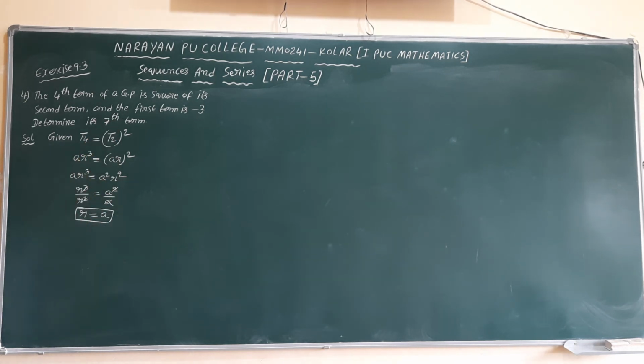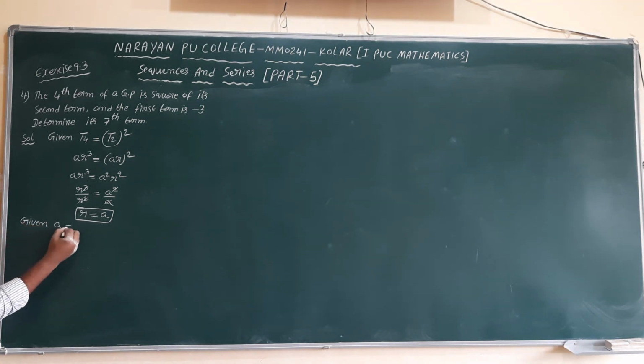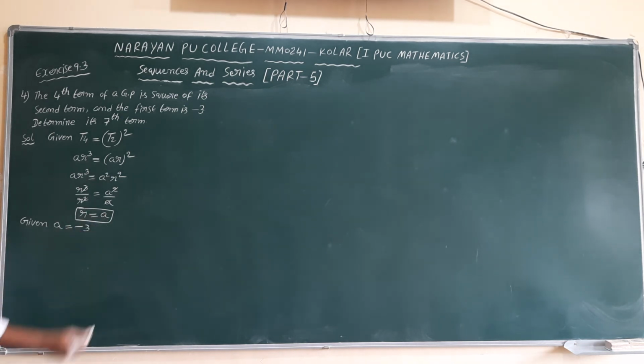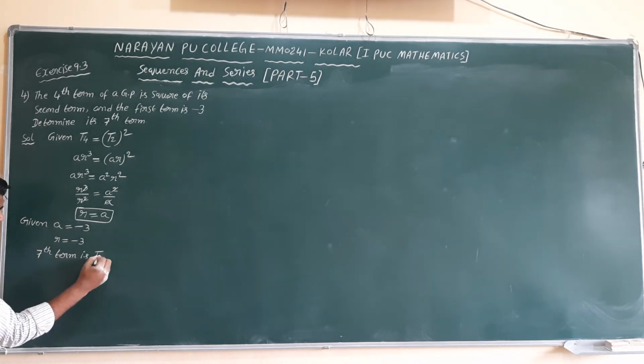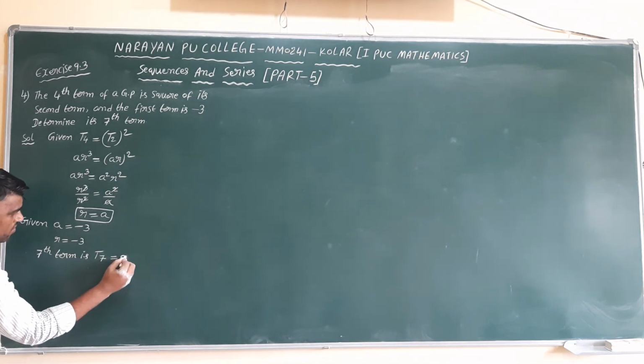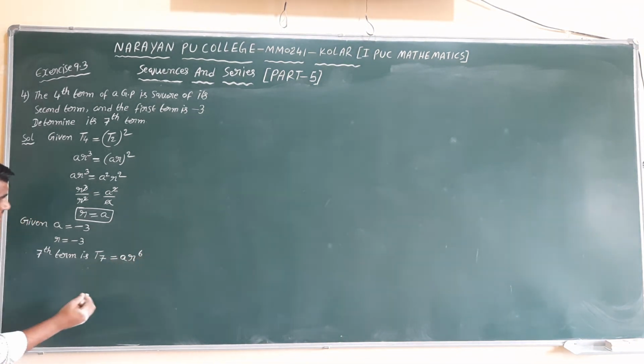So the given first term is minus 3. Given A equal to minus 3. Both A and R are equal, so common ratio is also minus 3. Therefore, seventh term T7 is equal to AR power 6.